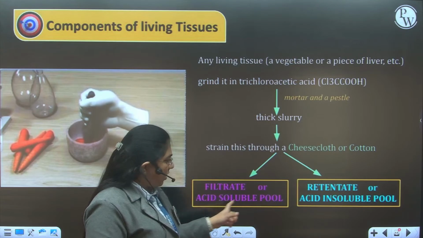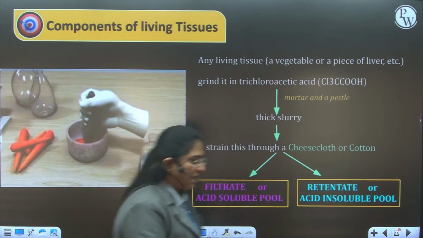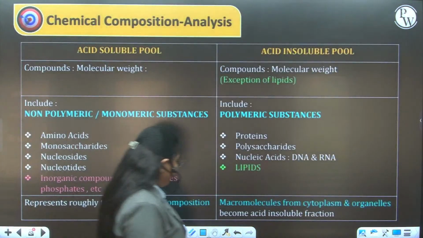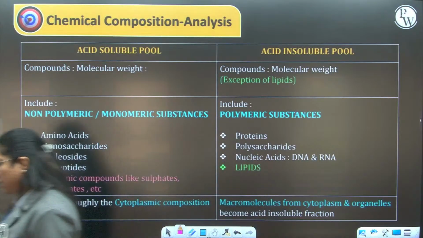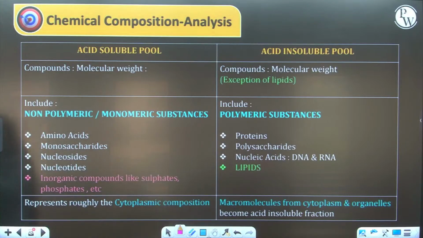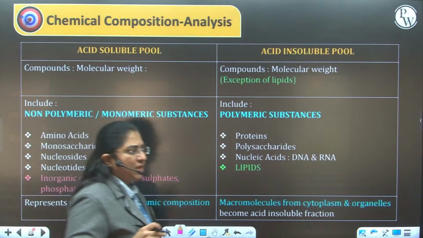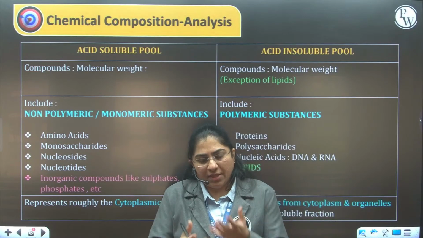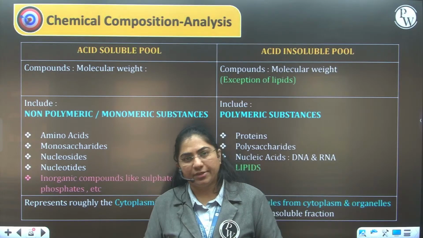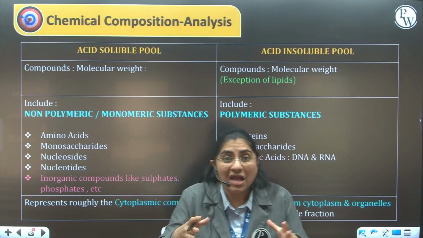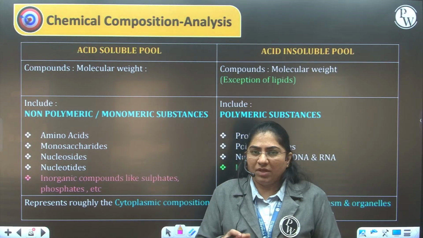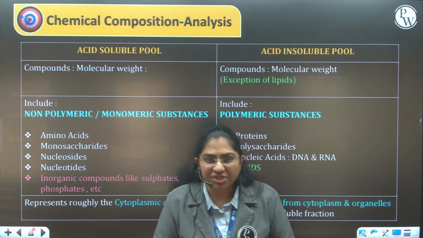Now, what will dissolve and what will not dissolve? Let us have a look. Anything that has a small molecular weight will dissolve in the acid and get filtered out. Whatever are large molecular weight substances will not get filtered out. But small and large is very subjective.